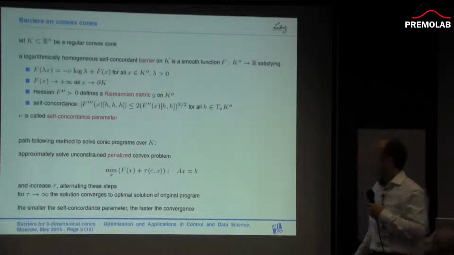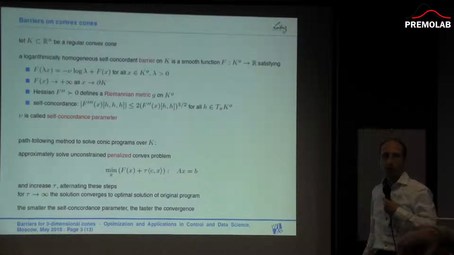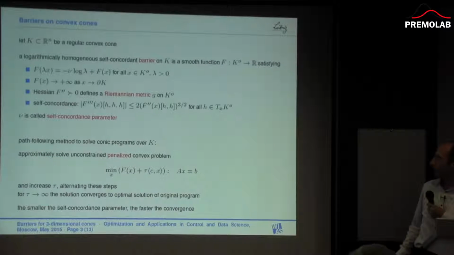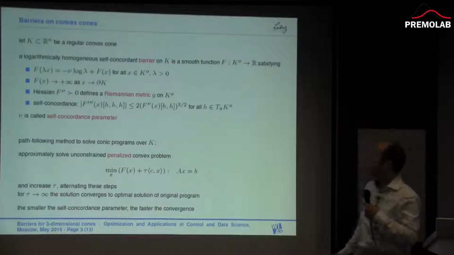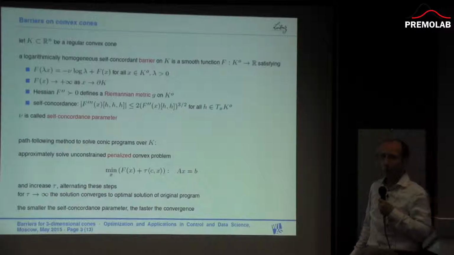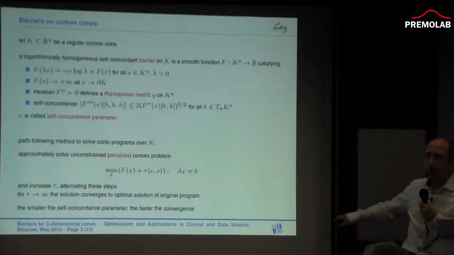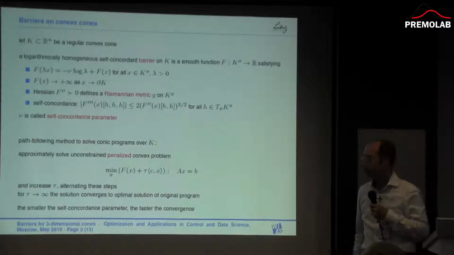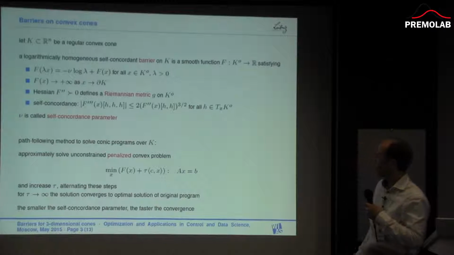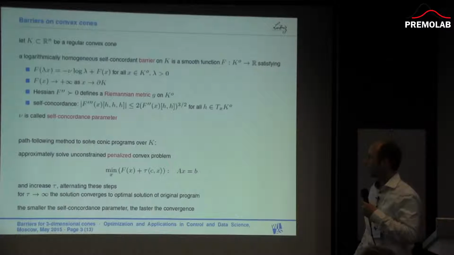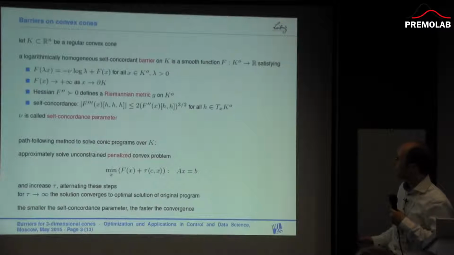Okay, so there is a class of methods for solving conic programs, which is called interior point methods. These interior point methods rely on so-called barriers on these cones, which are essentially penalty functions that penalize if you move out of the cone. And these barriers have to meet some criteria. For conic programs, if the underlying set is a cone, the barrier is assumed to be logarithmically homogeneous.